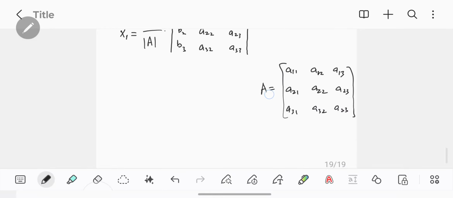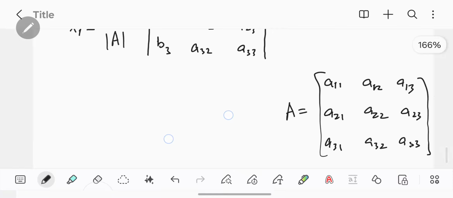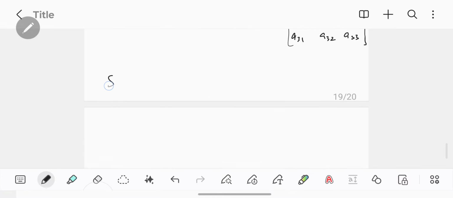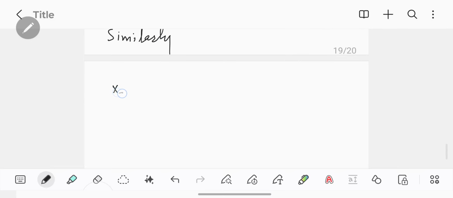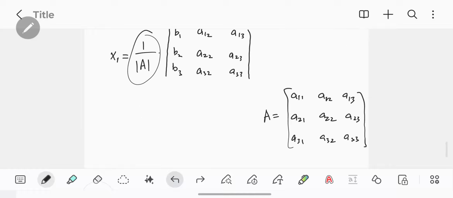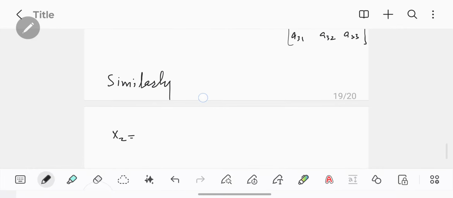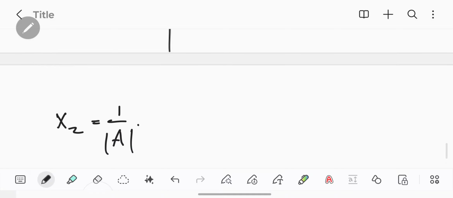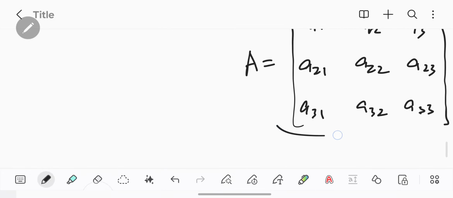So x1 is obtained by writing this thing. By looking at this symmetry, we can find x2 also. I will not prove it for x2, so I will write similarly. x2 is equal to 1 by determinant of A times the determinant of this matrix.